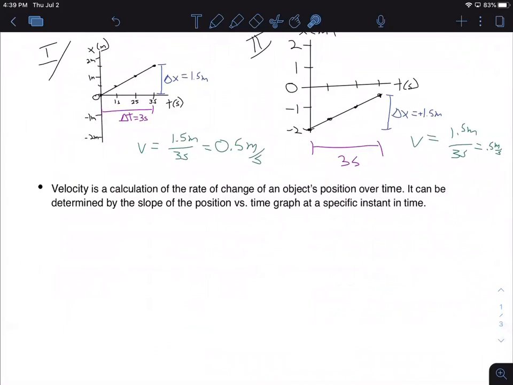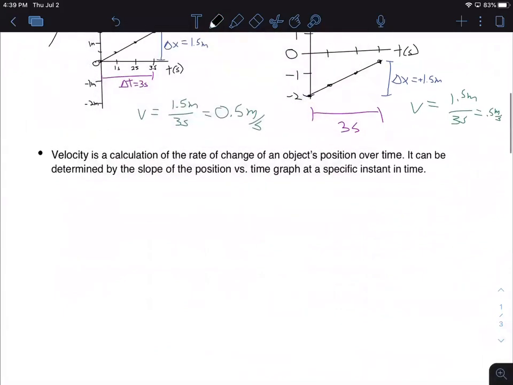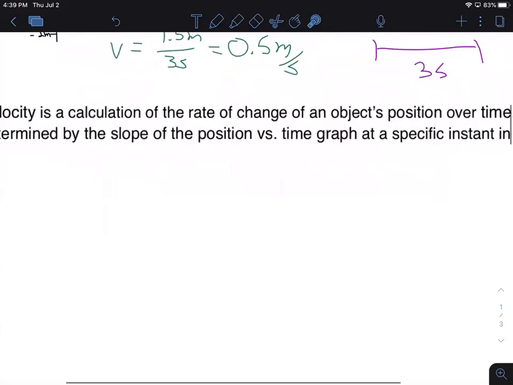There's another graph we can now do, and that is the velocity versus time graph. Now, in the case of this buggy moving at a constant speed, speed, by the way, is the magnitude, the size of the velocity. So I would say the speed is 0.5 meters per second. The velocity is 0.5 meters per second to the right. So again, velocity has both a direction and size.